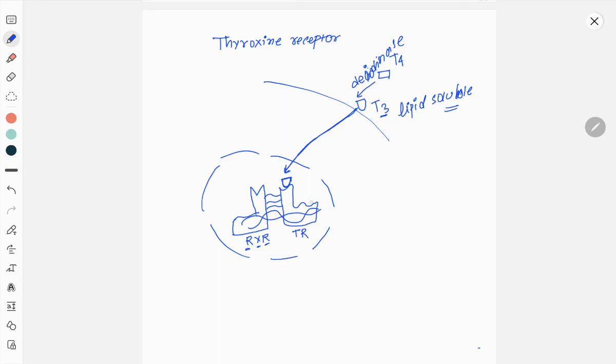This heterodimer in the presence of another co-activator will stimulate the thyroxine receptor element. This is nothing but a portion of a gene, and this gene will lead to transcription and translation of mRNA and protein, and this will lead to manifestation of functions of thyroxine at different tissue levels.